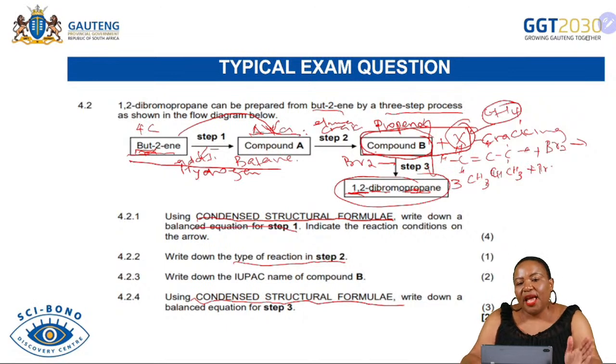So learners, as we started today, we looked at different compounds and we classified them as saturated or unsaturated, and we are also able to identify our saturated and our unsaturated compounds. We looked at how we test for saturation. We looked at different types of addition reactions one by one, looking at how we add, what it is that we add, and what products we expect when we add.